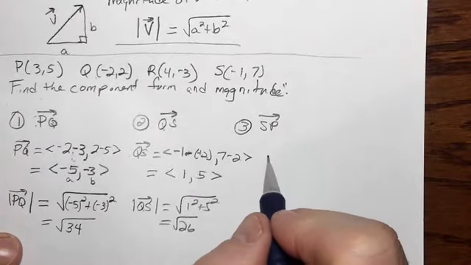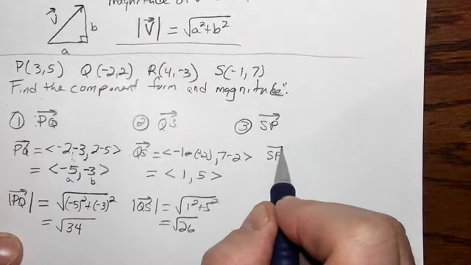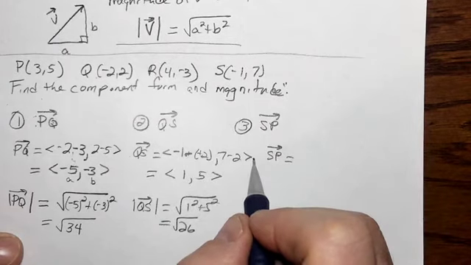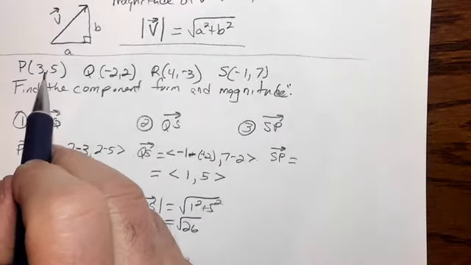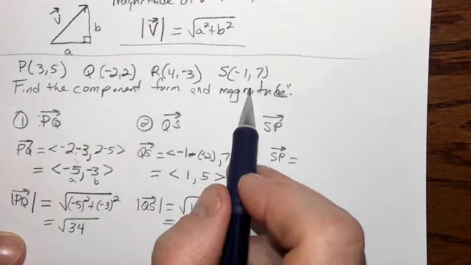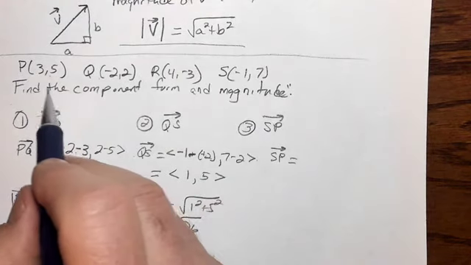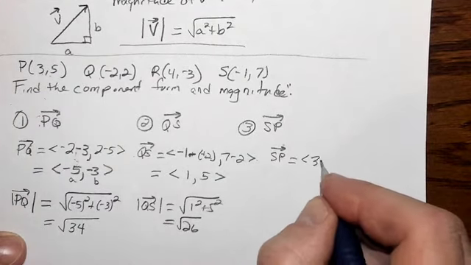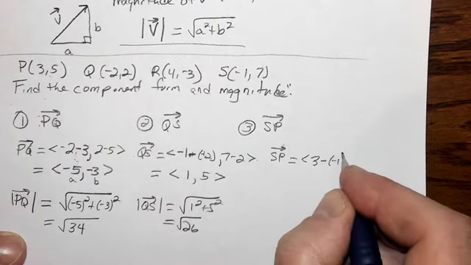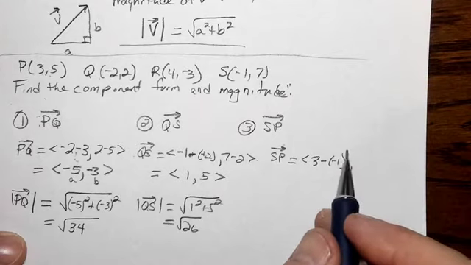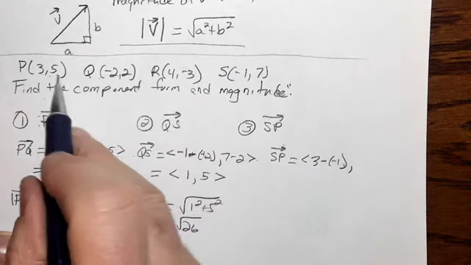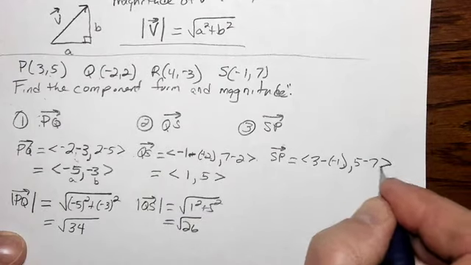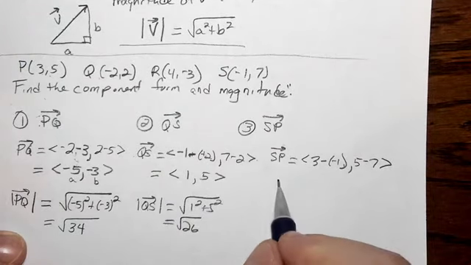Last one then, we're going to look at SP in component form. P is the head minus the tail, so we're going to go P minus S. So we're going to go 3 minus -1 and 5 minus 7. There's our component form.